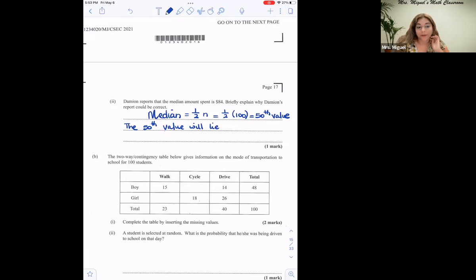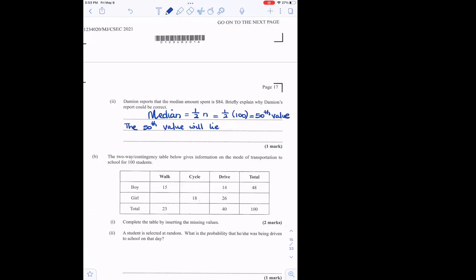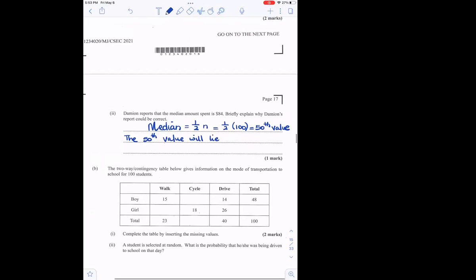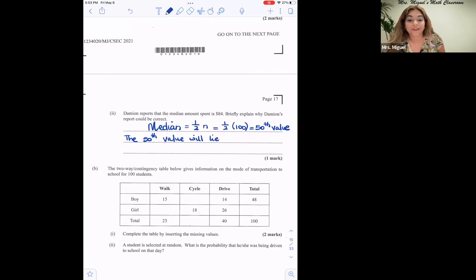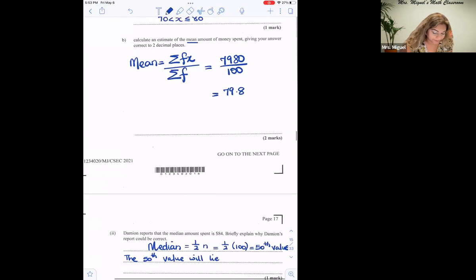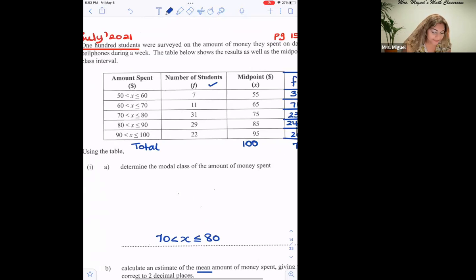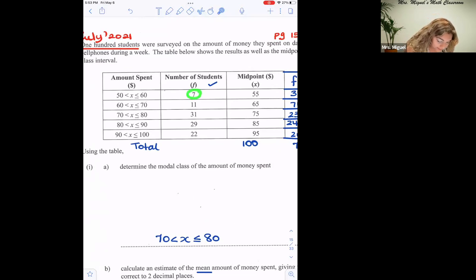All right, are we finished writing? Yes, miss. Now let's see where this 50th value is going to lie. Now, 7 students spent between $50 and $60. So we didn't reach student number 50 as yet.